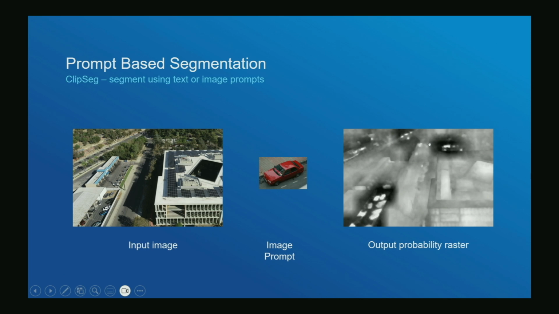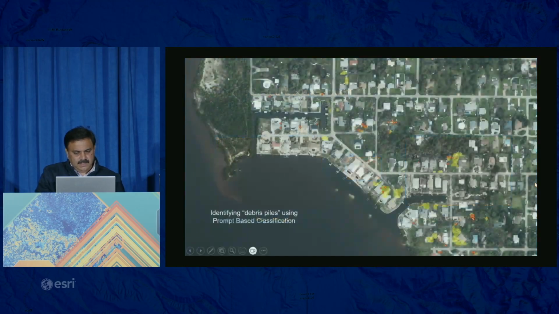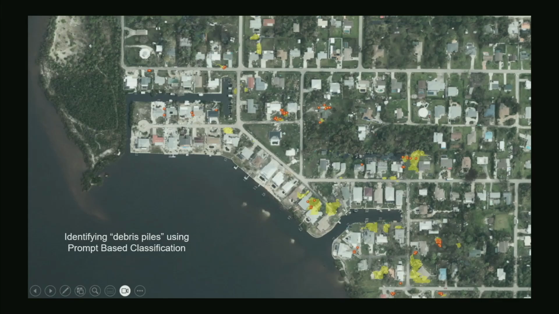And then we could threshold it and just find those cars. So how do we use it in ArcGIS? This is an example from hurricanes, Hurricane Helene and Milton, where we gave it the prompt debris piles, and it was able to detect the debris piles and segment them out.